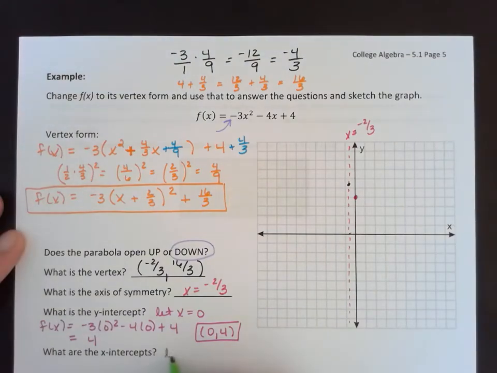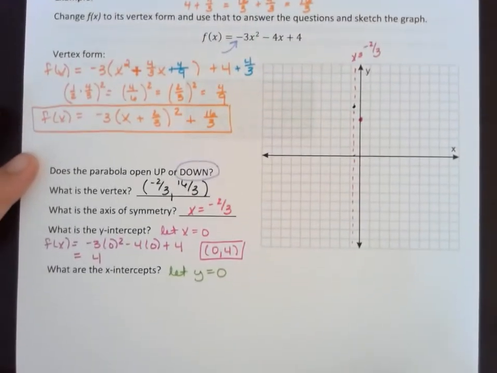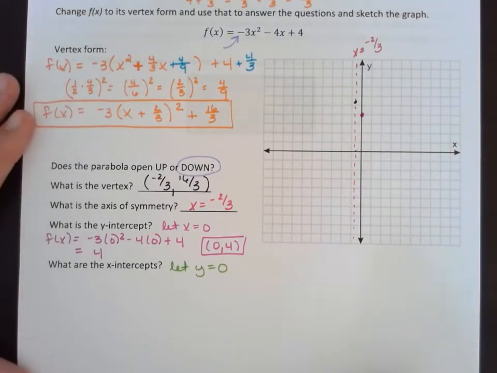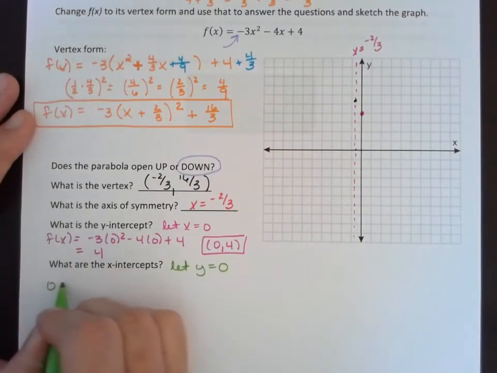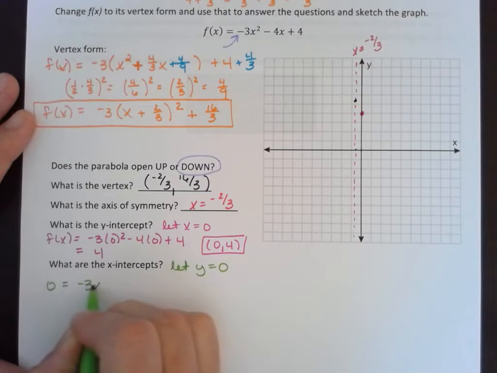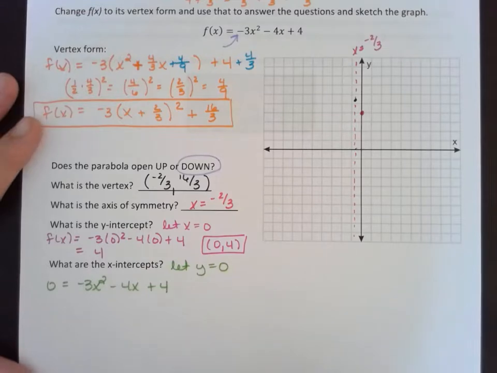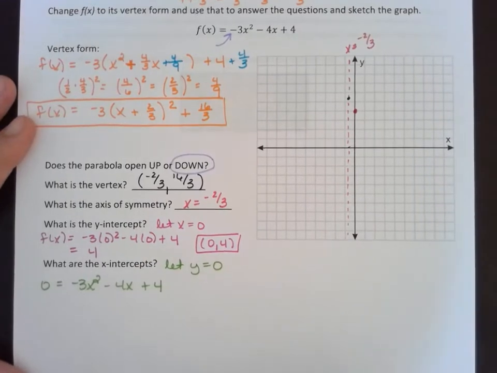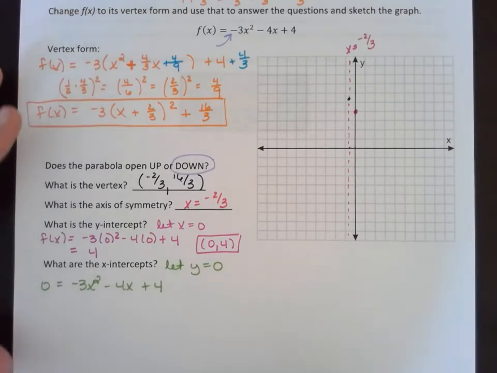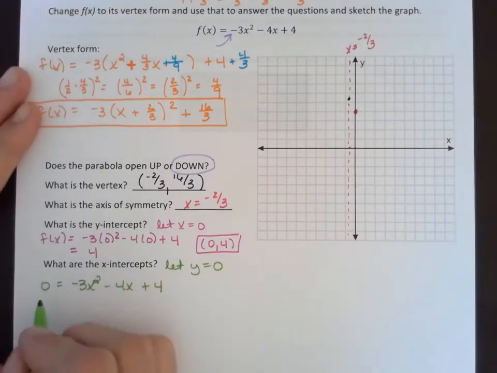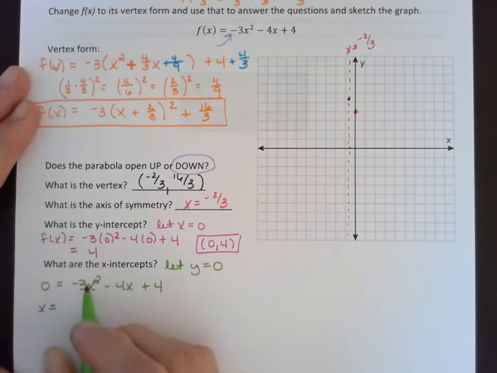That's where you let y equal 0. So we have 0 equals negative 3x squared minus 4x plus 4. Now we could try to factor this one. I don't know if it will, but we can try. Or we can use the quadratic formula. Sometimes it's easier just to jump in and use the quadratic formula.